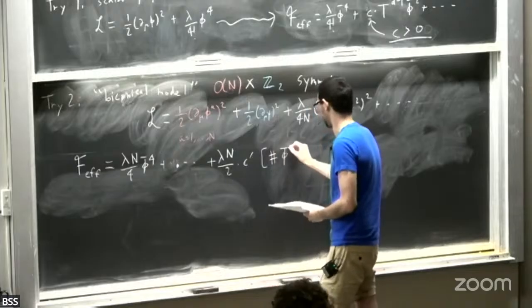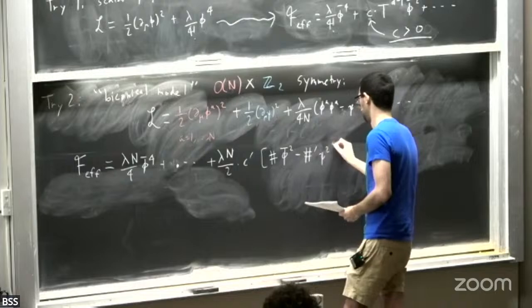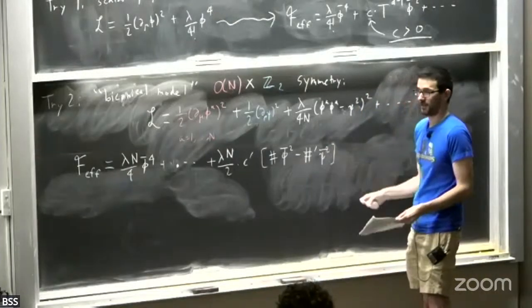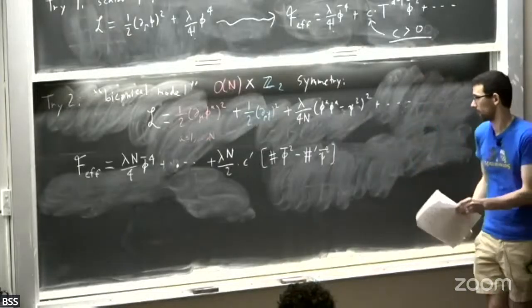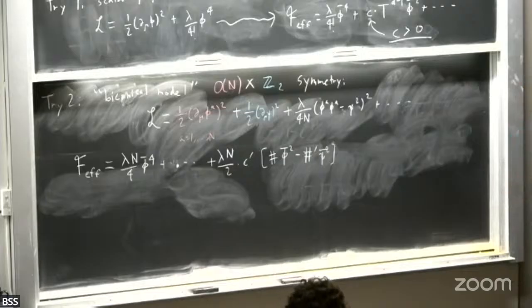Anyway, you get something like this. I'm being lazy, but the point is that you indeed get a minus sign on the thermal mass for the second term. So that was known a long time ago.